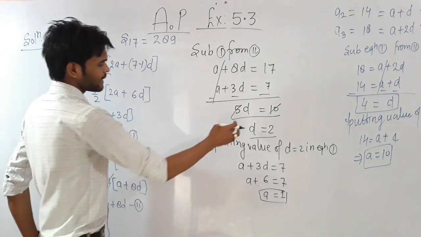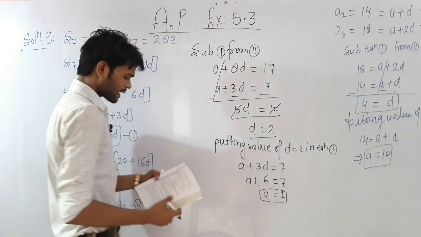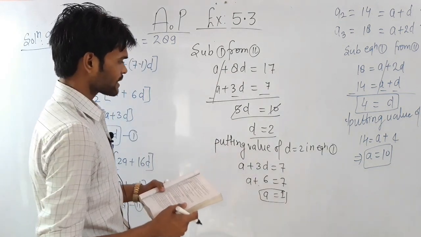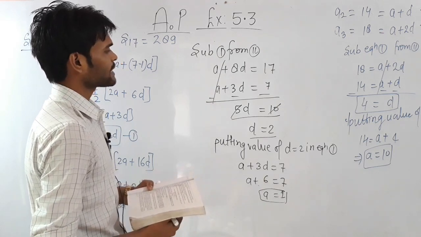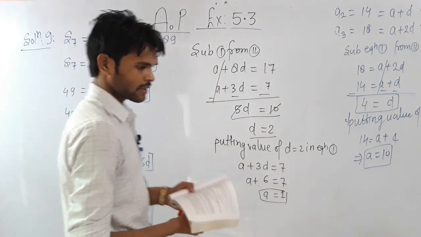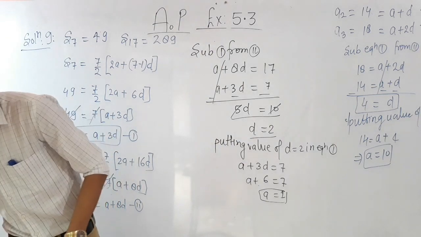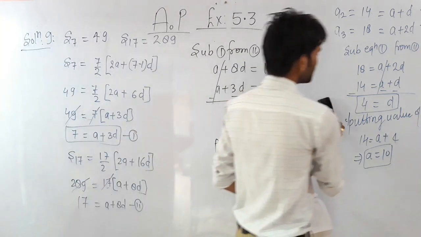So we have obtained a and d. Now we have to find the sum of n terms of the given series. Using the formula Sn is equal to n by 2 into (2a plus (n minus 1) into d), it will become like this.